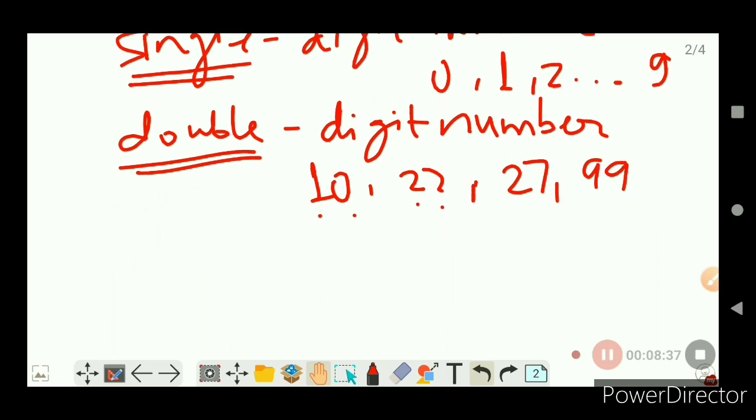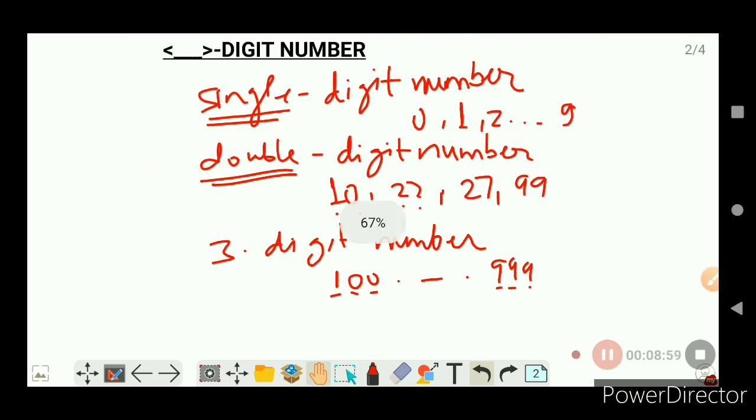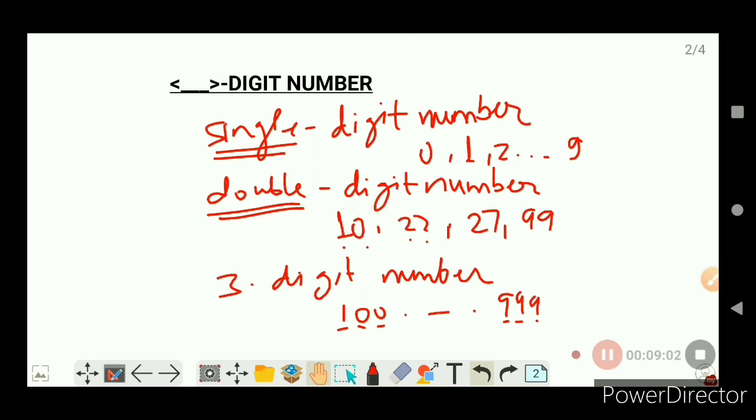Similarly, 3-digit number. So 3-digit number we know starts from 100, and it goes till 999, right? We have covered this. And these numbers are called 3-digit numbers because they have 3 digits in them. As simple as that, right? So nothing to be confused about in it. And let's go ahead.